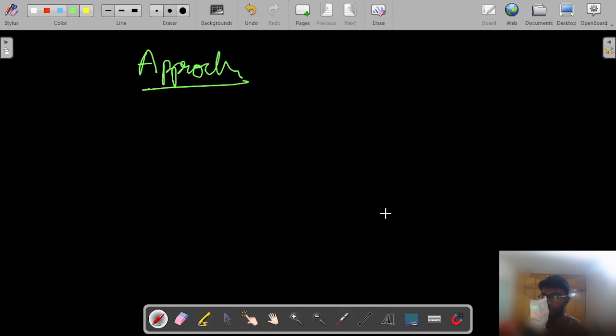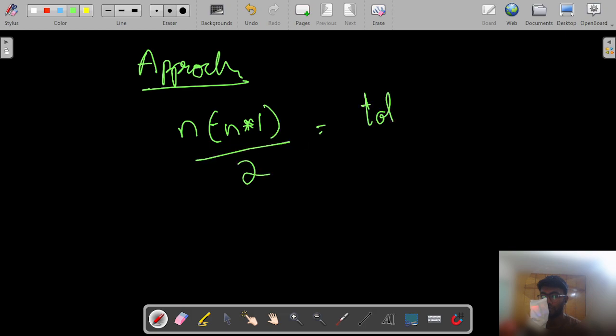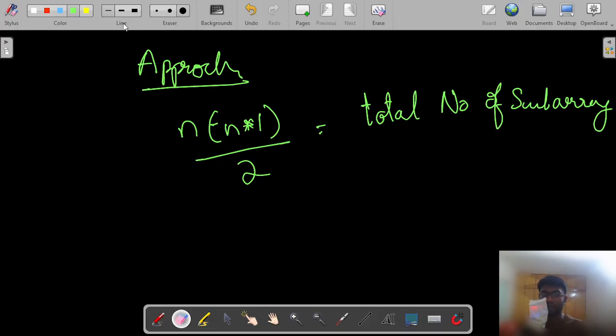That's a thing that we should get to understand quickly. n into n plus 1 by 2 is equal to the total number of subarrays. So in order for us to understand how we come up with this formula right here, n into n plus 1 by 2.